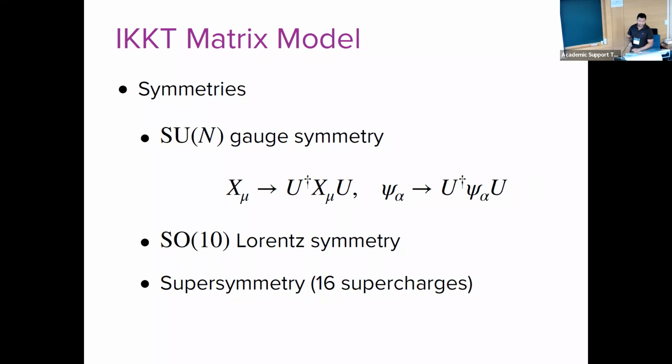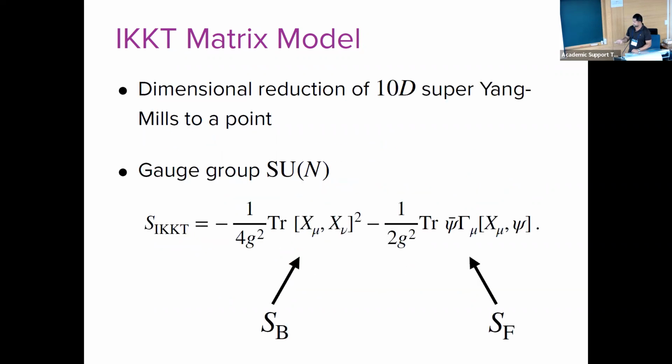So it has an SU(N) symmetry, and everything has to be gauge invariant, because there's a trace. By the way, if you dimensionally reduce BFSS to a point, you get this. BFSS is a quantum mechanics model, and you reduce it to one point, and you get this.